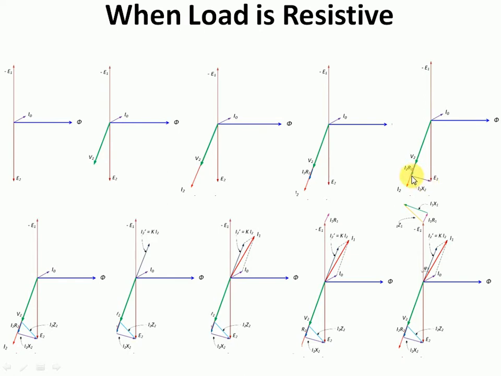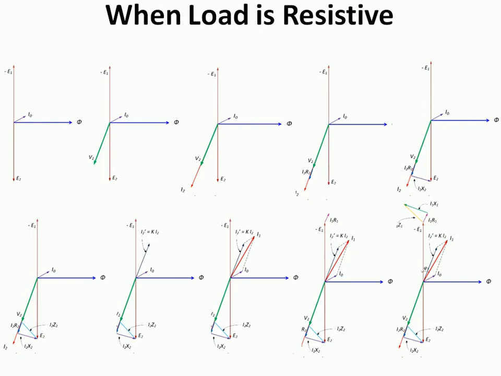That will indicate the term I2 X2. So now this is V2, this is I2 R2, this is I2 X2. If you add these three terms, V2 plus I2 R2 plus I2 X2, definitely you will get E2. The secondary side is over.